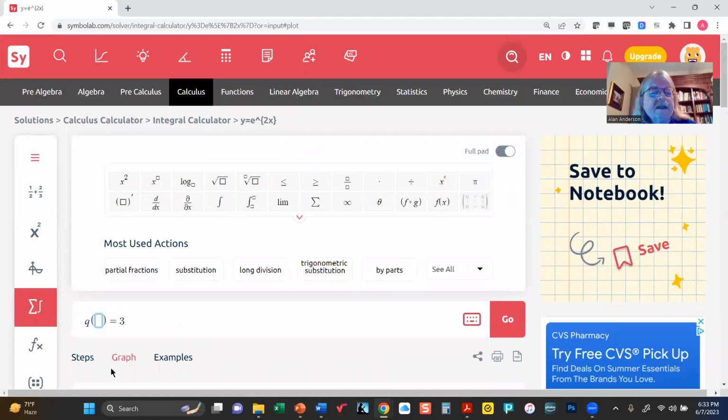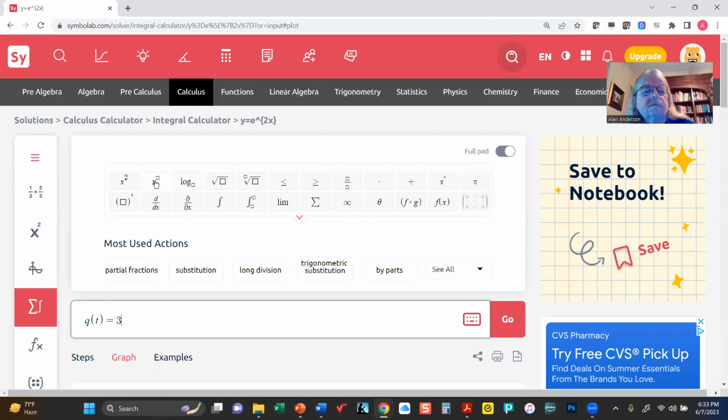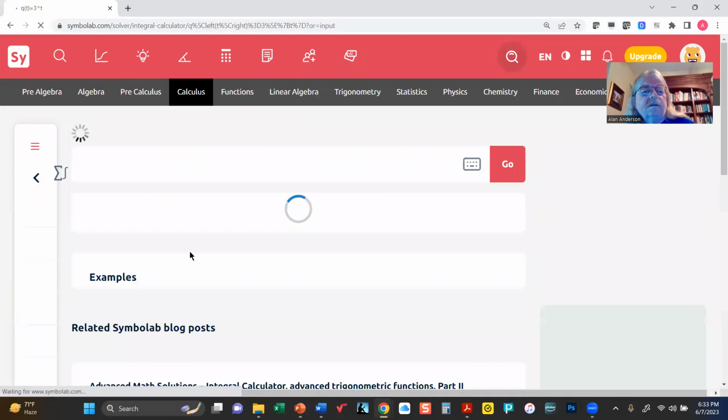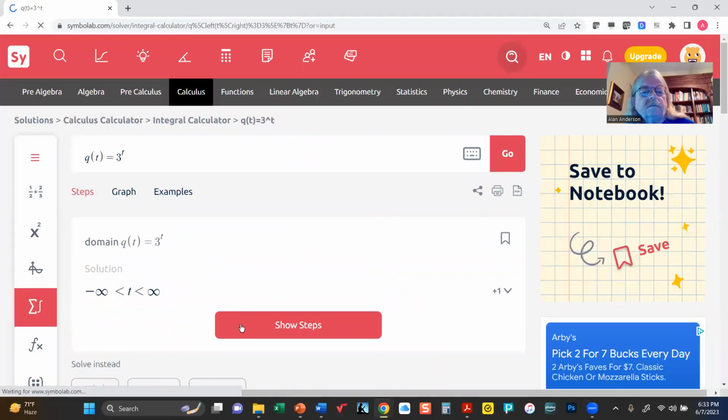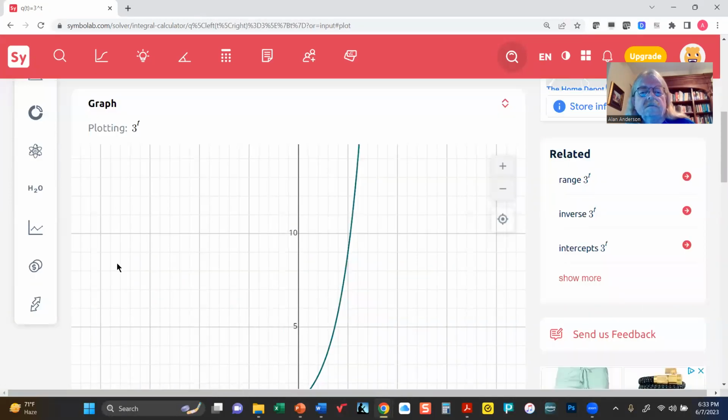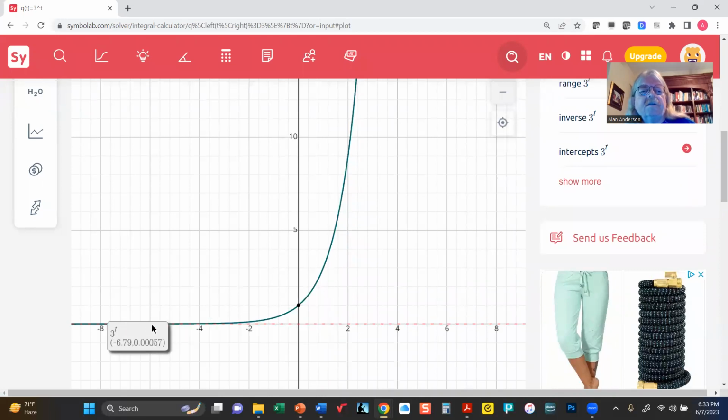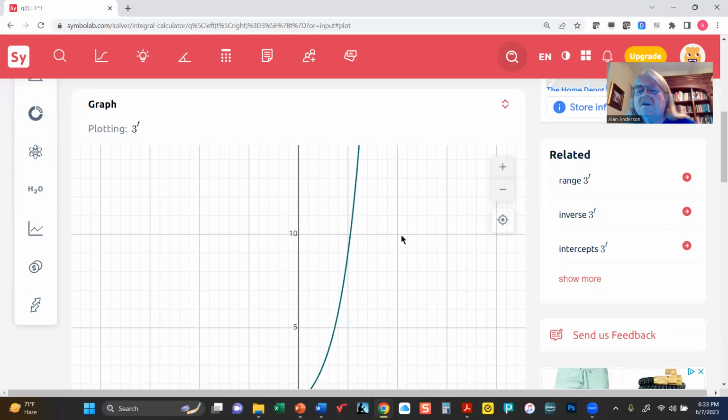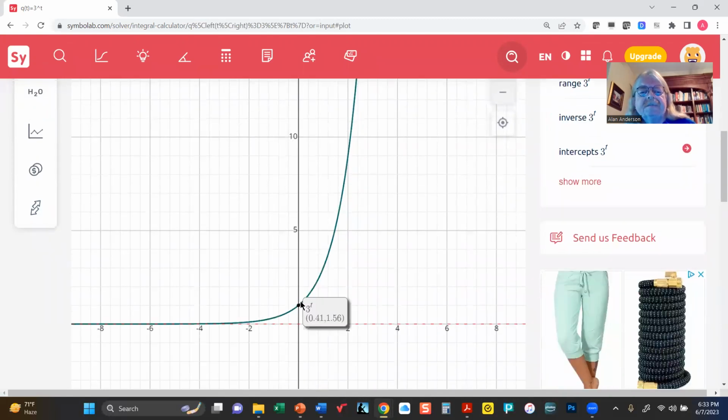In fact, it won't even care if I try to use this functional notation. I don't think that'll confuse it. Yeah, exactly. It grows very slowly, and all of a sudden it just grows like crazy. It cuts through the horizontal axis at 0, the vertical axis at 0, 1, and then it just goes to the roof.